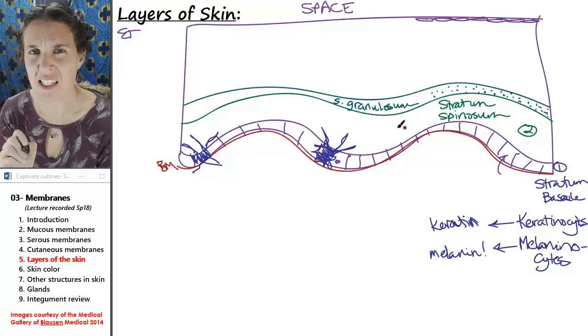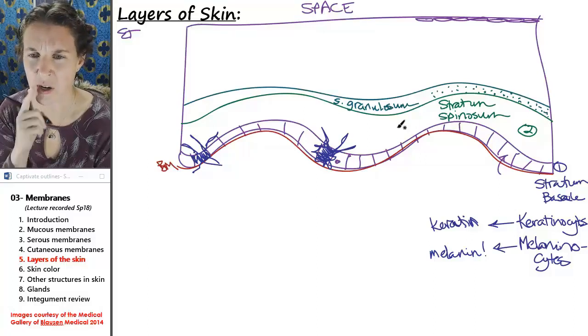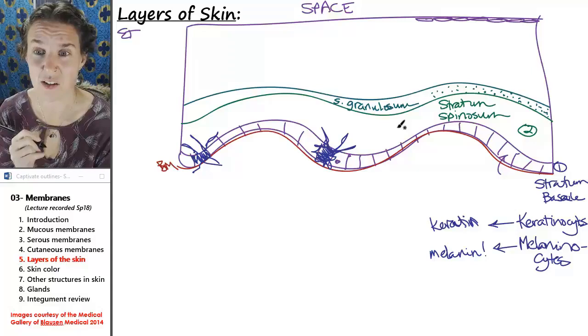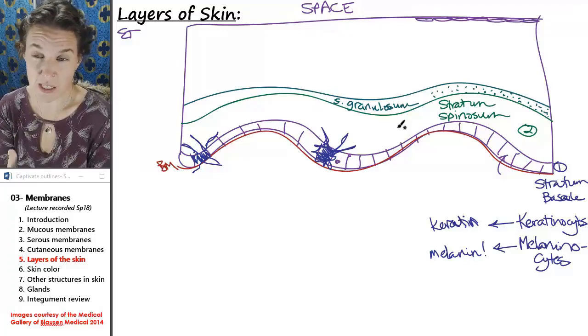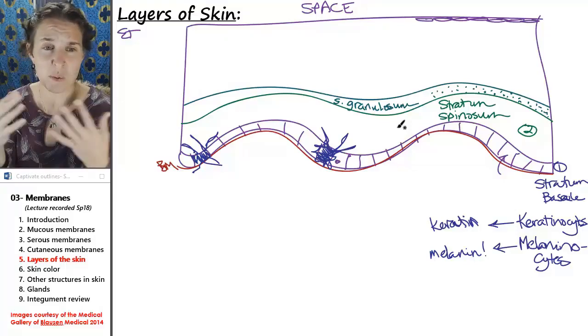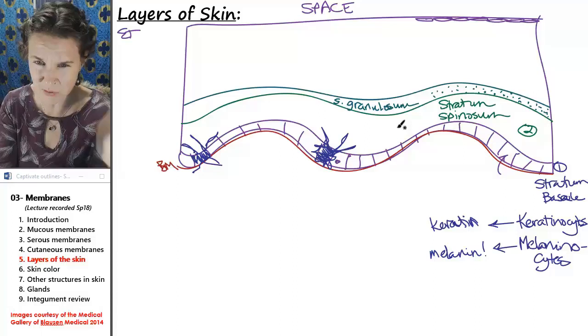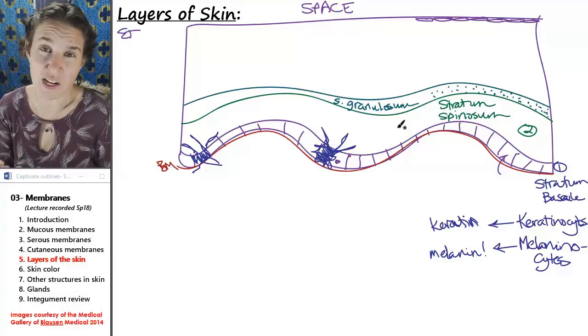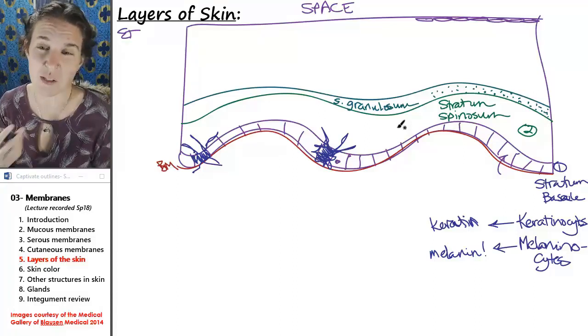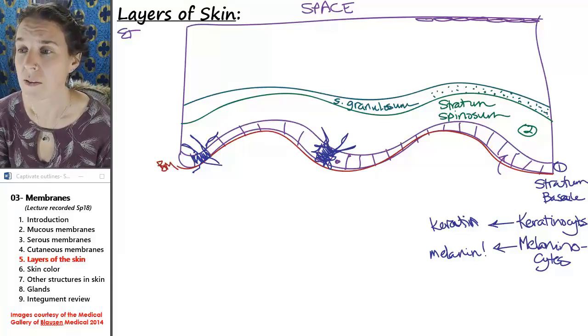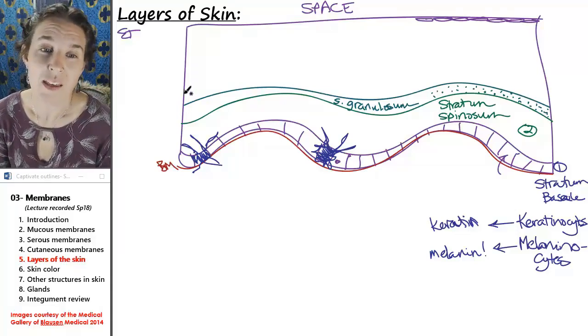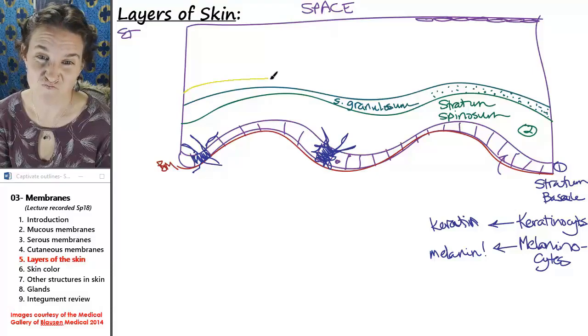The cells in stratum granulosum are definitely feeling sick. The more keratin that's produced, the more lipid is produced. There's granules all over the place. They're going to start barfing out their granules, and they're pretty much going to choke on their granules. This is a sad story. Guess what happens next? They choked.